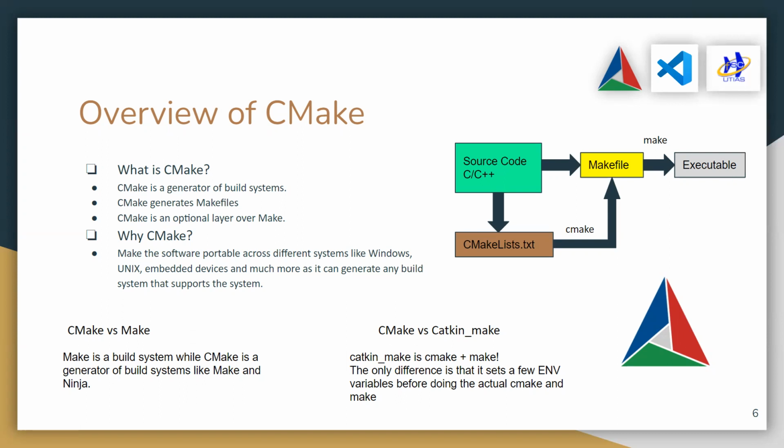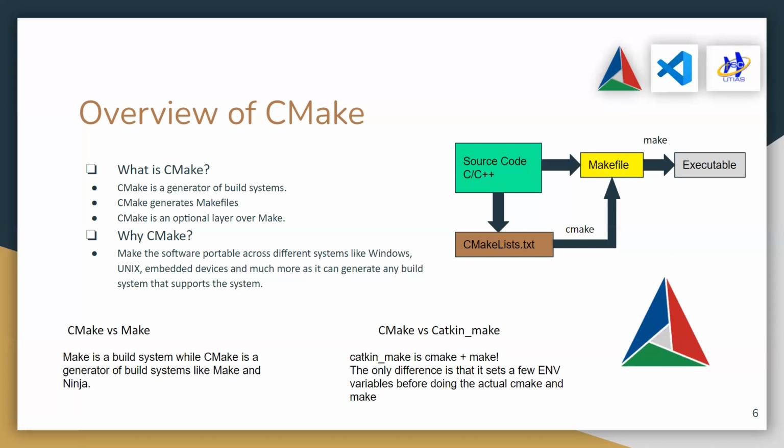And is there anything that Make can do but CMake can't? Right now, CMake is only a generator, so these are two different types of concept. CMake here is only used to generate a makefile.